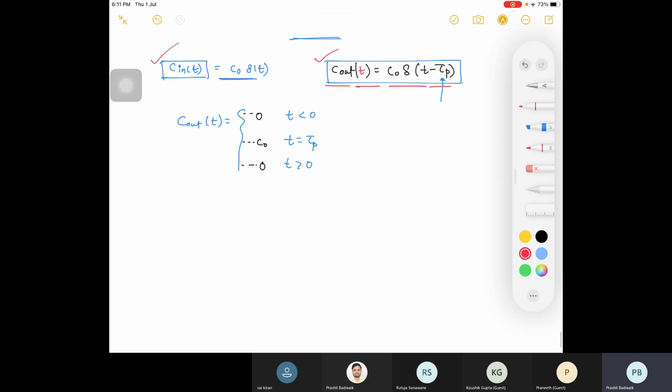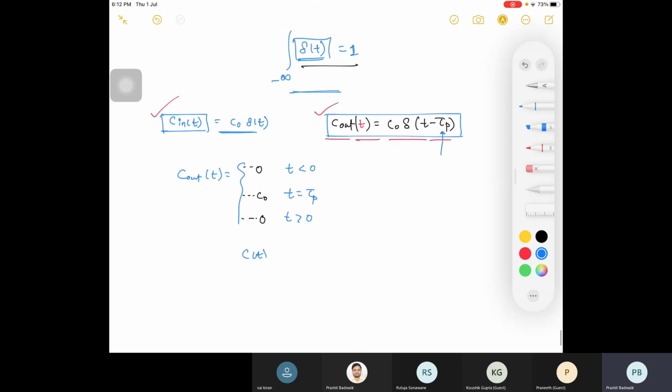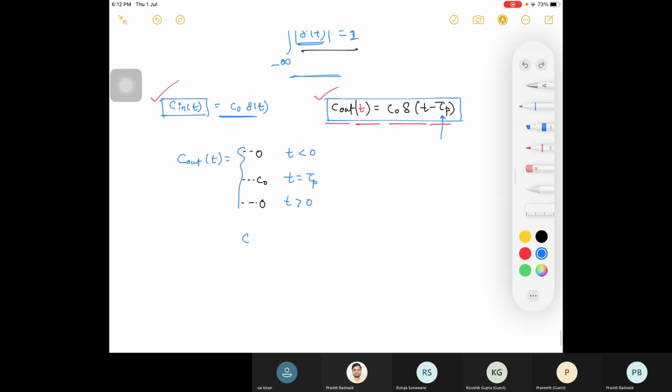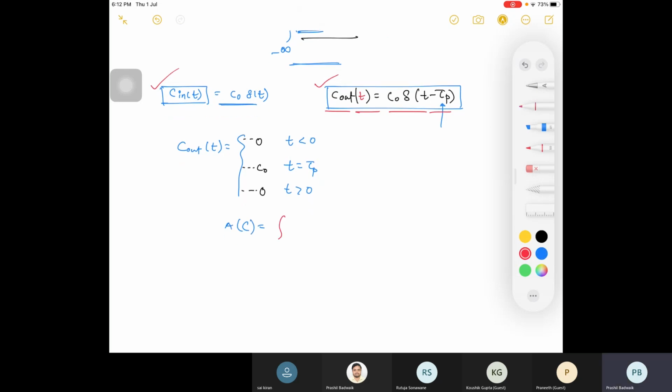Next step is what? Area under the C curve, right? So you need to integrate the outlet equation. The area under the C curve is the integration from 0 to infinity. Why am I writing 0 to infinity?